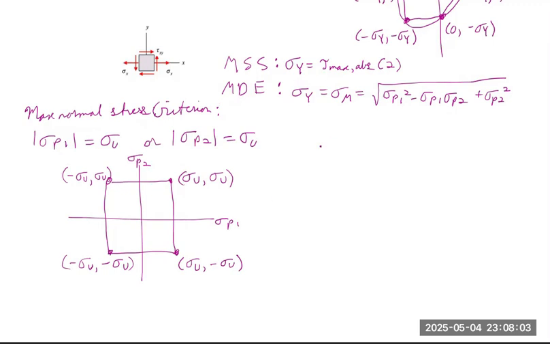However, we have another failure theory for brittle materials, and that is the Mohr criterion, because many brittle materials have a lower ultimate strength in tension, sigma ut, than in compression, sigma uc. That is, sigma ut is less than sigma uc.